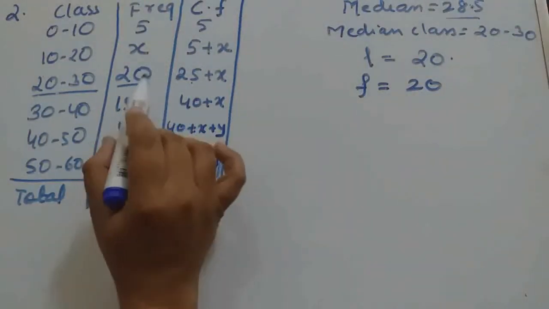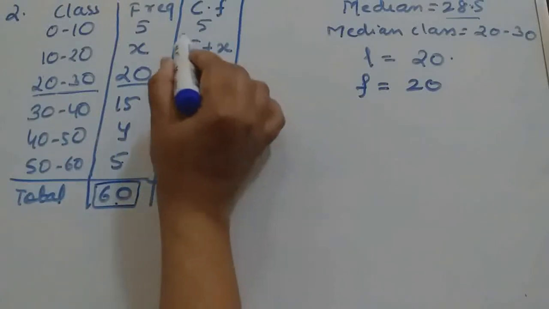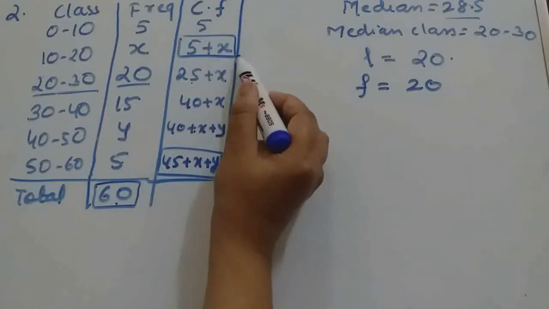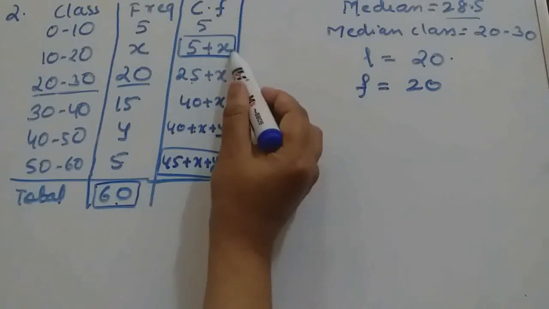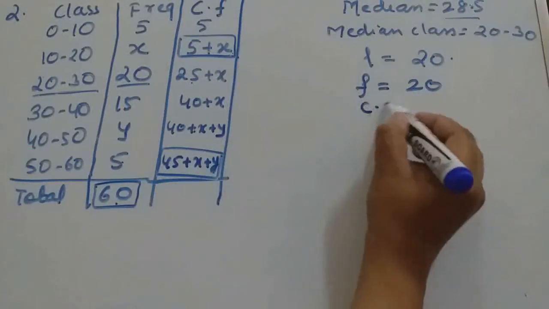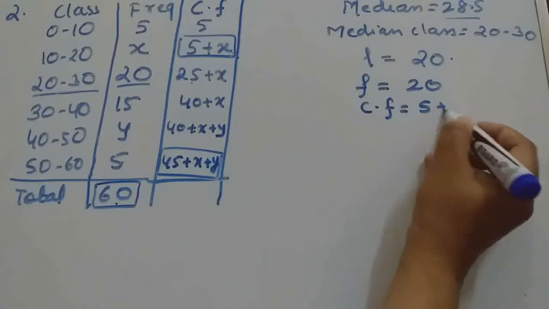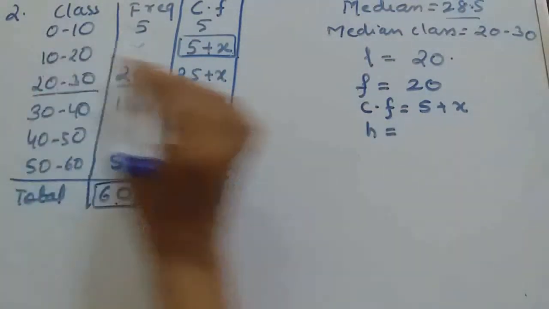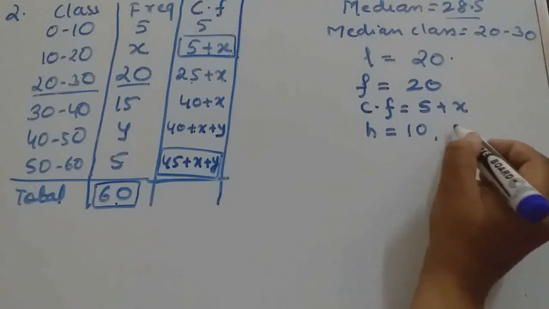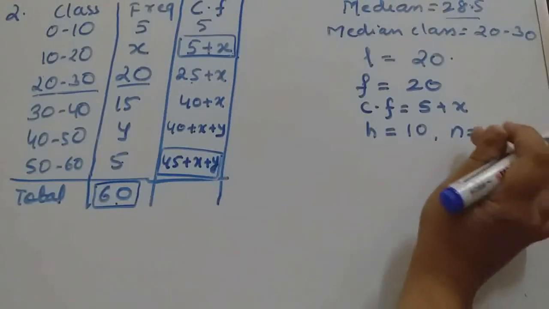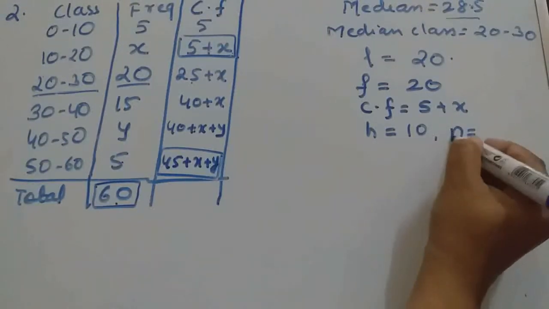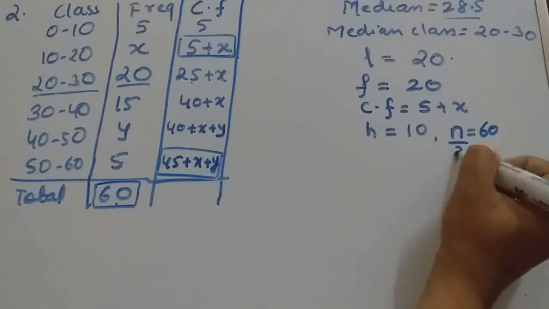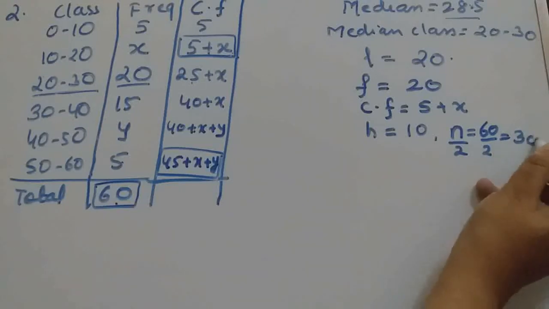And if this is the median class, what will be CF then? CF will be the CF of the class preceding the median class. So we can consider 5 plus x as CF. H will be 10 minus 0, which means 10. And N is 60, so N by 2 will be 60 by 2, that is 30.